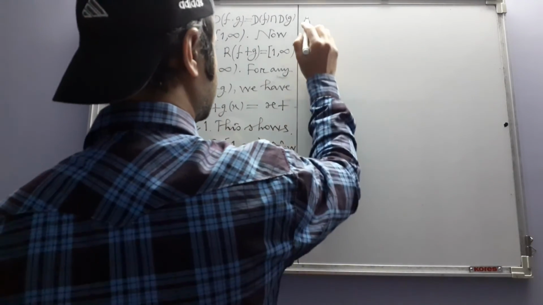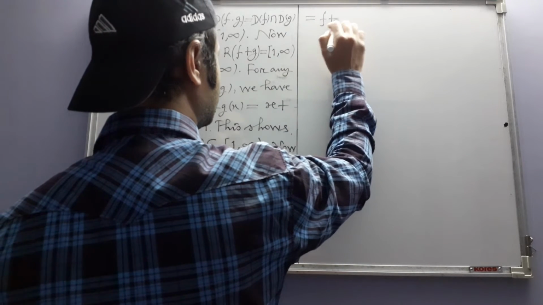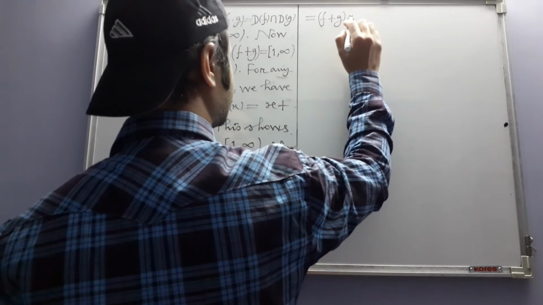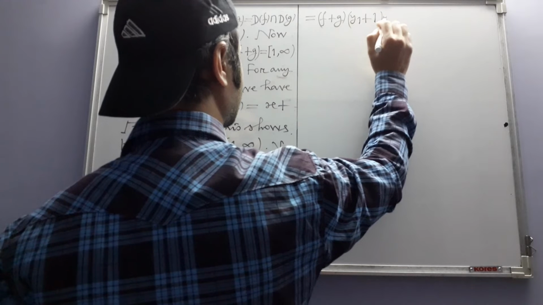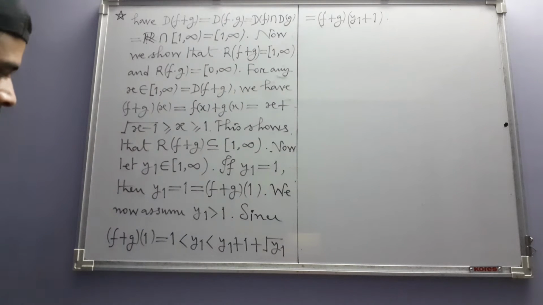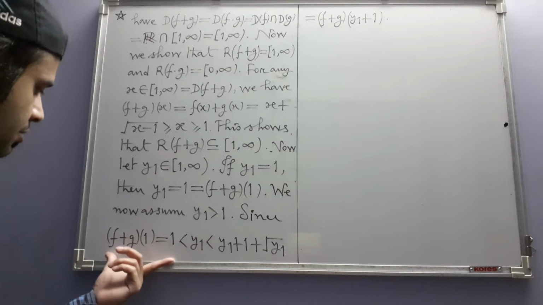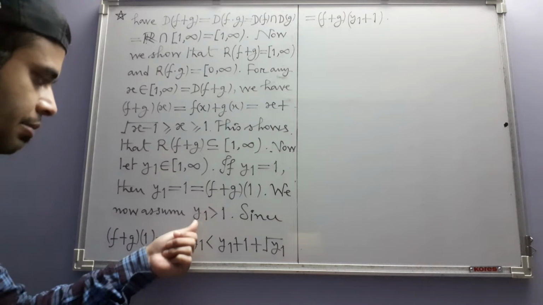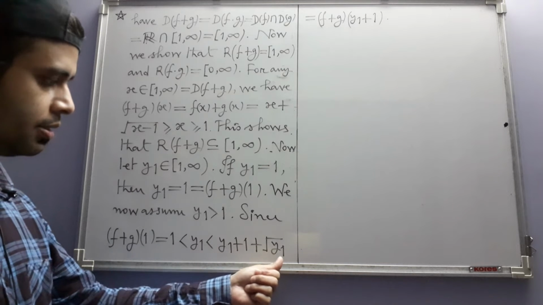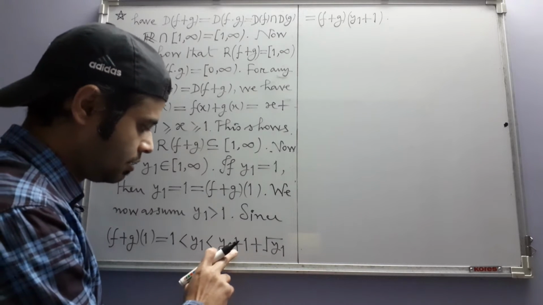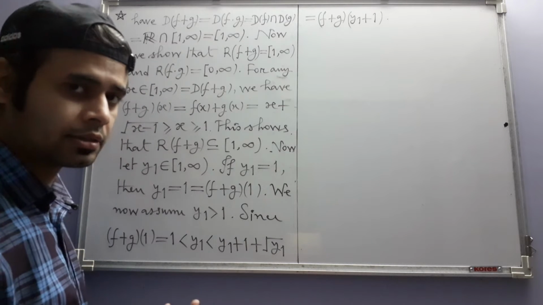And this is, if you look carefully, f plus g of y1 plus 1. There is no problem with this. 1 is less than y1, that comes from our assumption, and y1 is less than this because 1 plus this is already greater than or equal to 1.